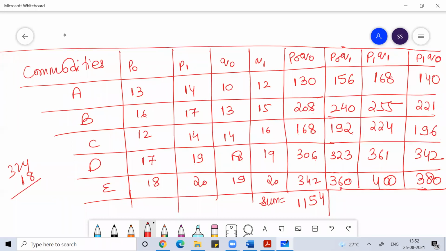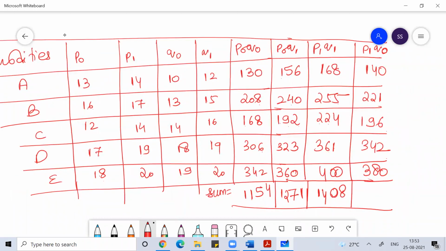Then 1, 2, 7, 1. Then 1, 4, 0, 8. Then 1, 2, 7, 9.